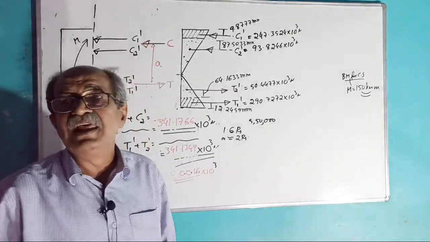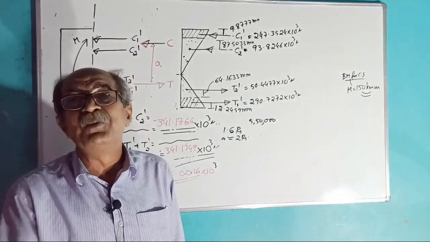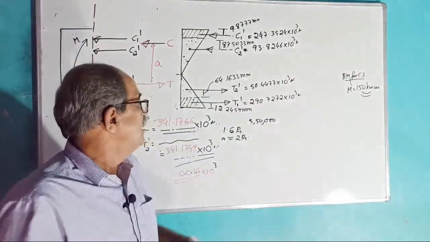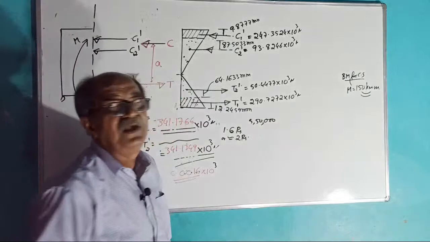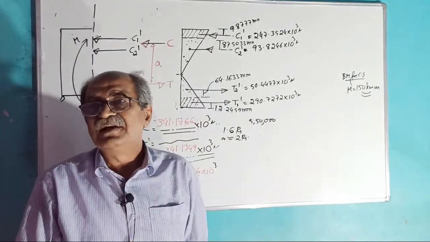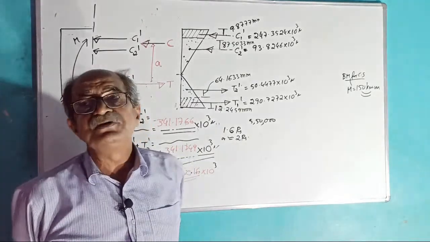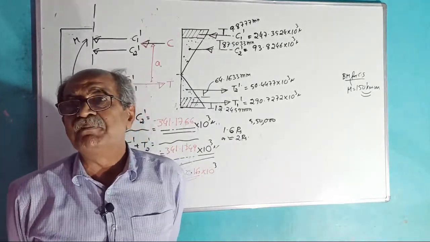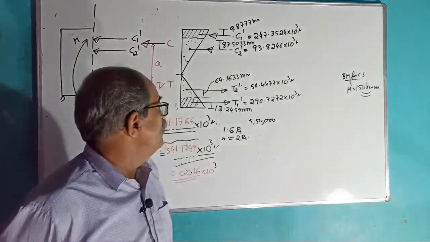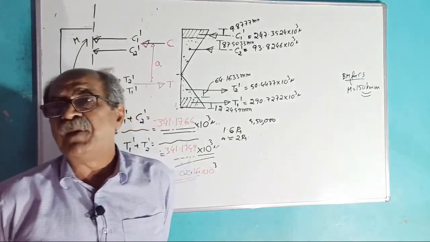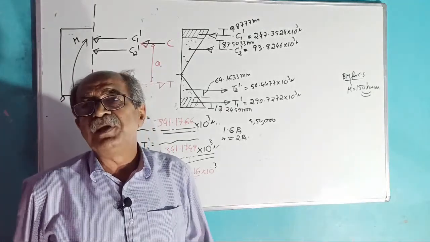People listening will laugh, 2 rupees he is talking about for 5,50,000 rupees. Suppose he pays 5,49,998 rupees and tells you 2 rupees shortage is there.